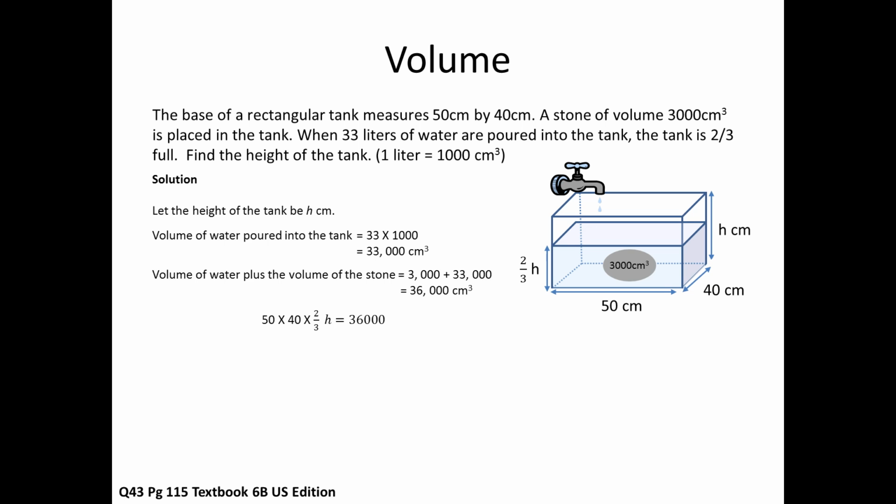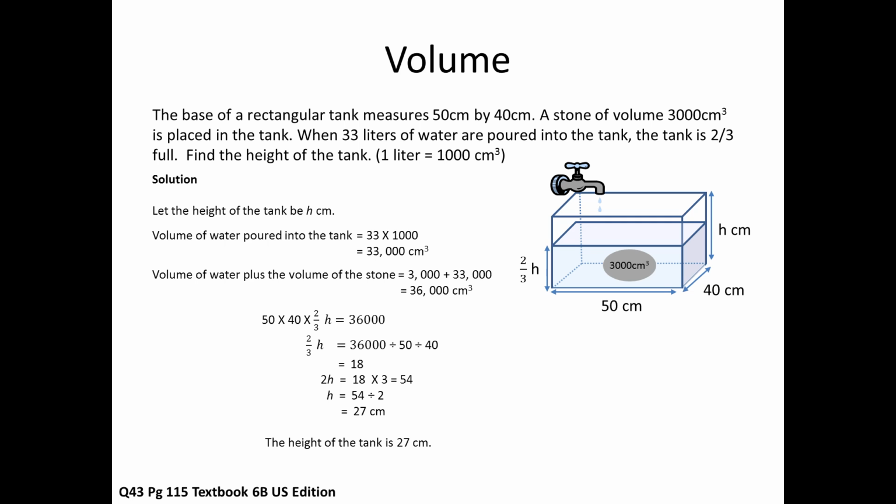When you bring multiplication from the left-hand side to the right-hand side, you have to change from multiplication to division. So 2 over 3h is equal to 36,000 divided by 50 divided by 40.